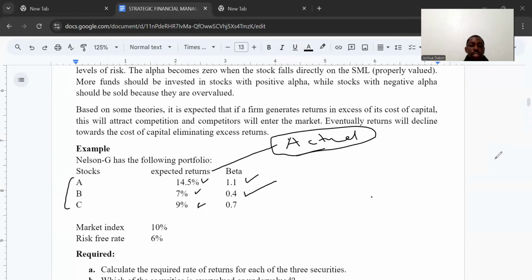And the one with 9%, the beta is what? 7%. So the beta and the return are commensurate. Market index, 10%. So this market index is the return on the market. And the risk-free rate here is what? 6%. Okay, so what is the requirement?